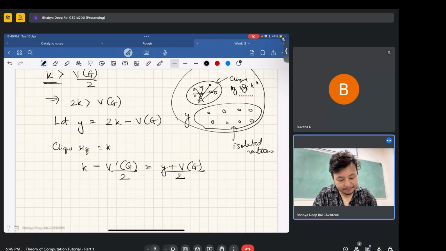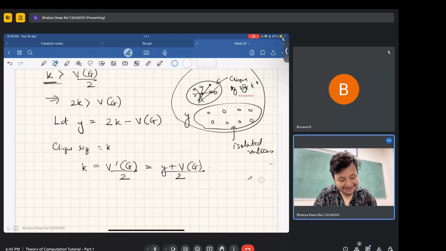And what is y? 2k minus V of G plus V of G, divided by 2. We won't simplify further.